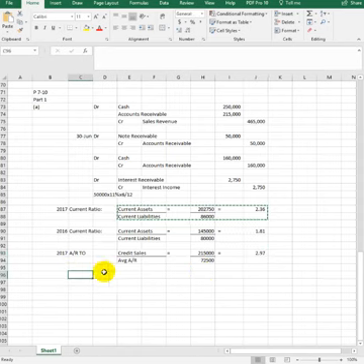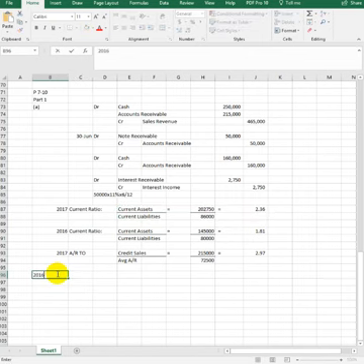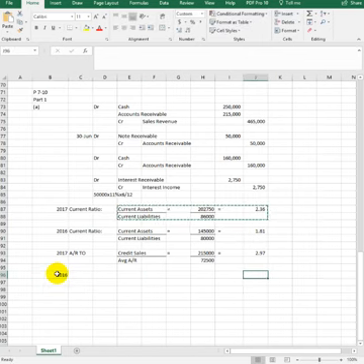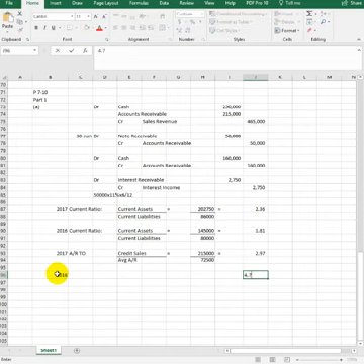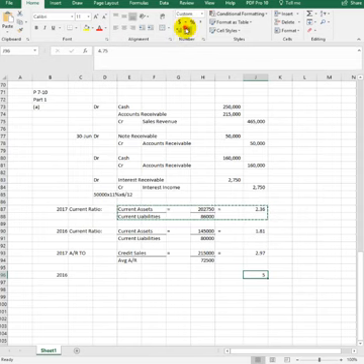It says that the 2016 number for turnover was 4.75. Okay. Then the next question is, it says calculate them and then use these measures to assess their liquidity. So is it getting better or getting worse? In 2017, the current ratio is better because it's 2.36 versus 1.81 the previous year.